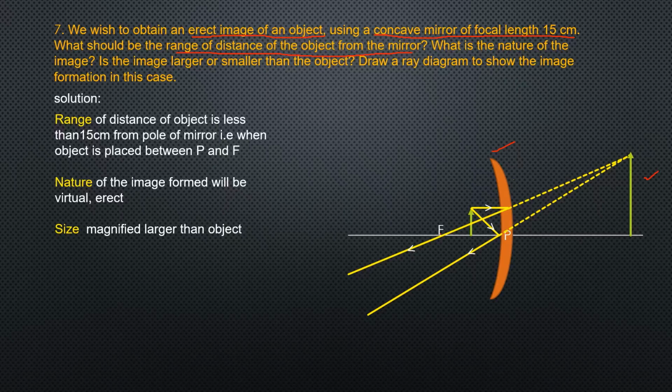So the range of the distance is between P and F, that is, distance should be less than 15 centimeter. So the range of distance of the object is less than 15 centimeter from pole of the mirror, and we can say that the object should be between pole and focus. Nature of the image will be virtual, erect, and magnified. Size is larger than the object, that is magnified.